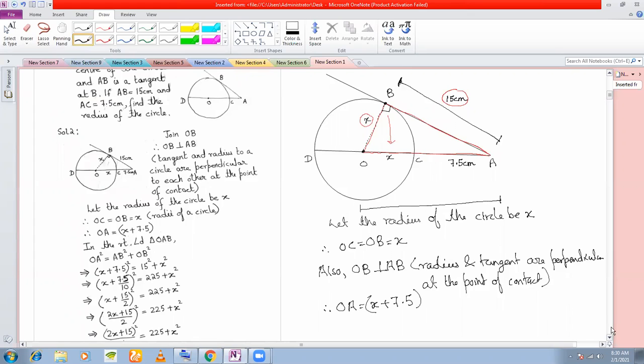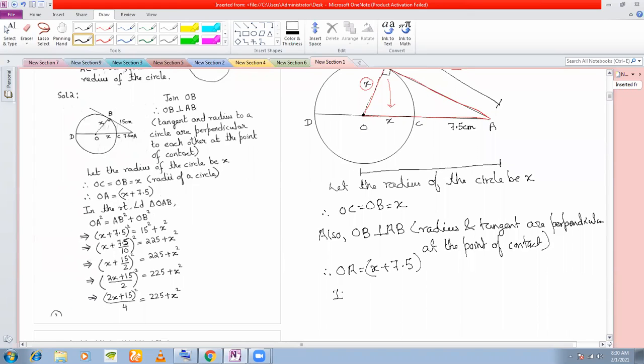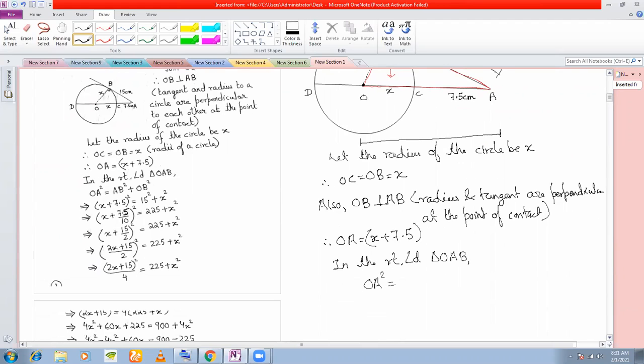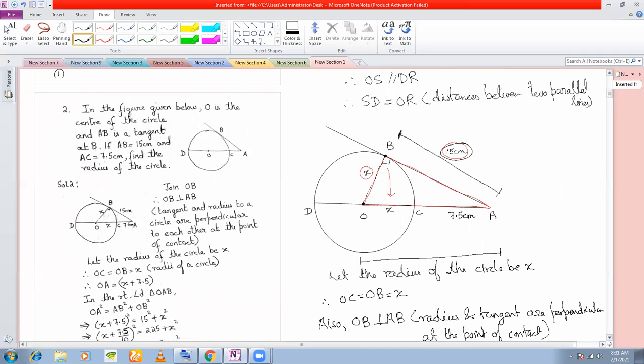In the right angle triangle OAB, OA square is equal to OB square plus AB square. For the values, OA we have found out to be (x plus 7.5) square. OB is x. And AB, that is the length of the tangent here, is given to be 15 centimeters.